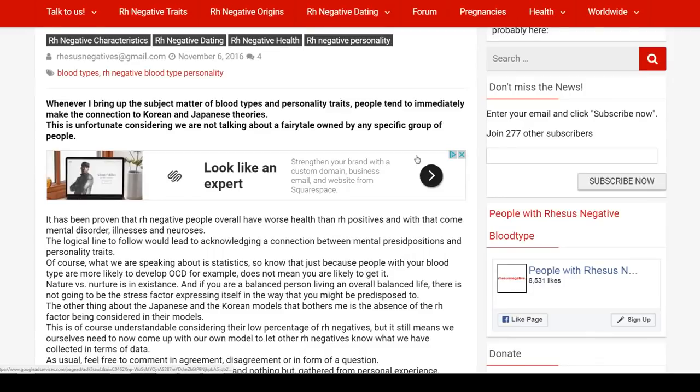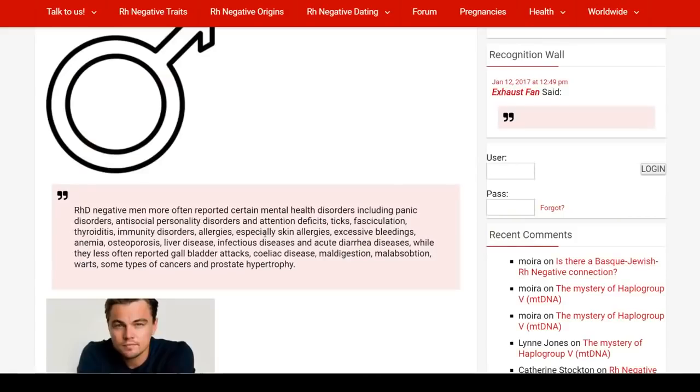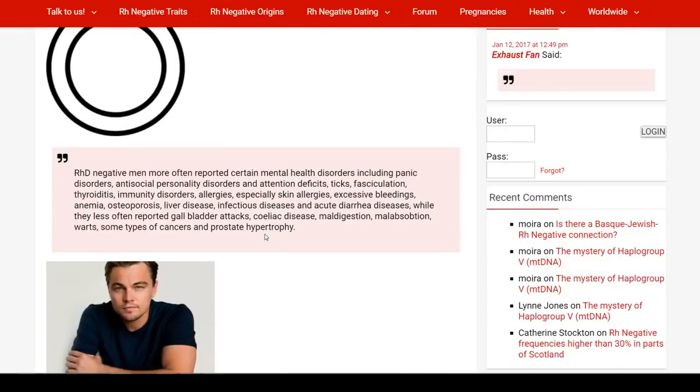RH negative men more often report certain mental health disorders, including panic disorders, antisocial personality disorders, and attention deficits, tics, fasciculations, thyroiditis, immune disorders, allergies, especially skin allergies, excessive bleedings, anemia, osteoporosis, liver disease, infectious disease, acute diarrhea diseases, while less often they report gallbladder attacks, celiac disease, maldigestion, malabsorption, warts, and some type of cancers and prostate hypertrophy.